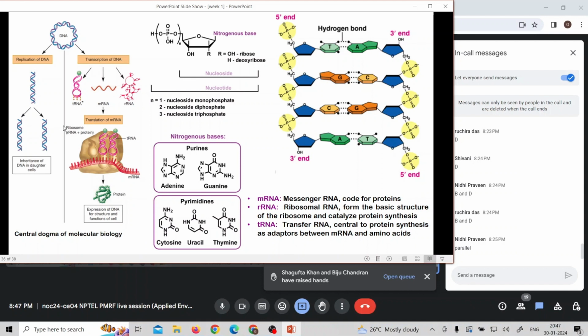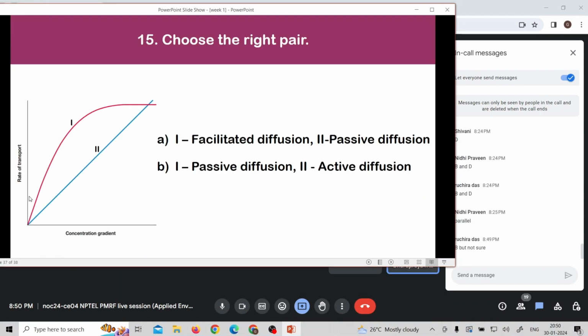This is called the concentration gradient. Rate of transport is how fast the transport occurs with respect to time. So you can see one line is linearly increasing, it keeps on increasing, whereas this line is increasing and then it tries to stabilize at one point.